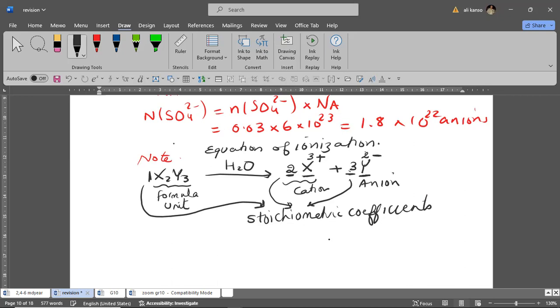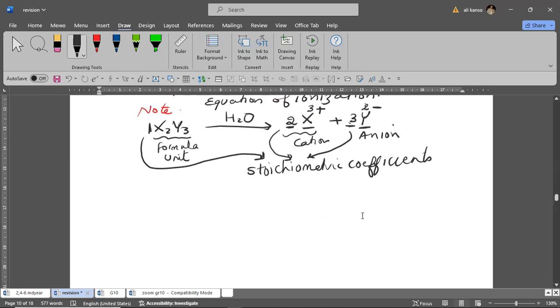Now if we have to write a relation between the formula unit, cation, and anion, we have two scales. First, let us use the language of moles.